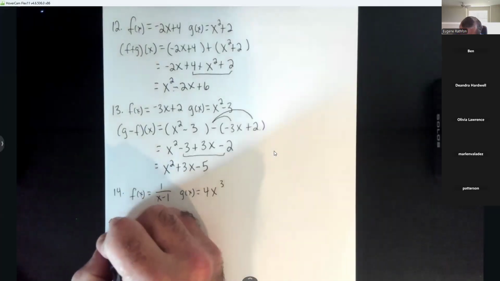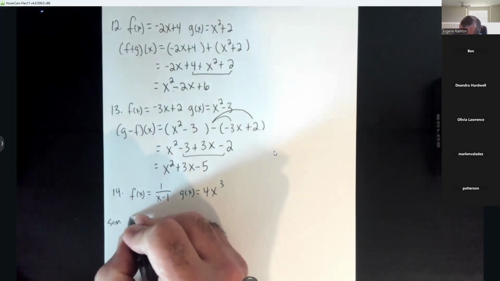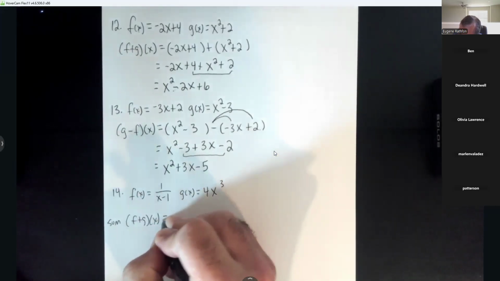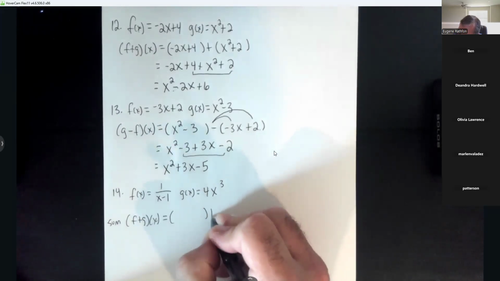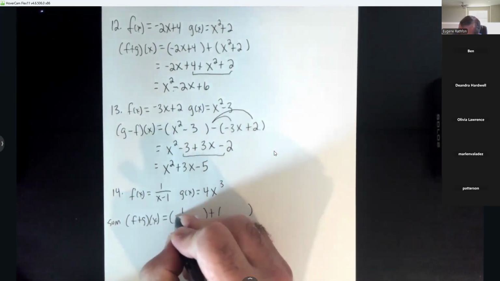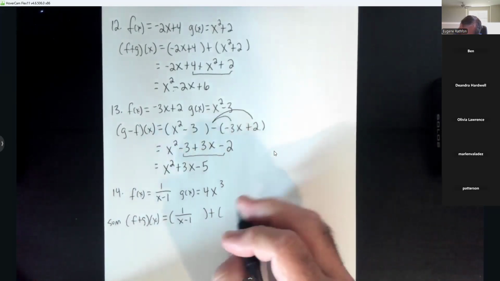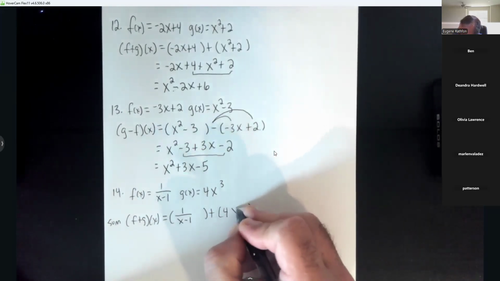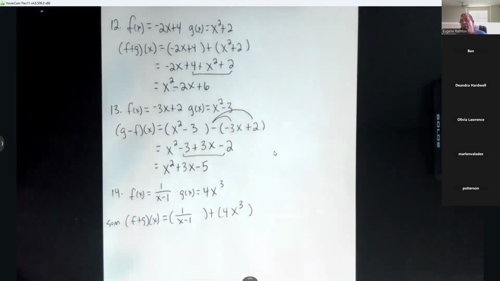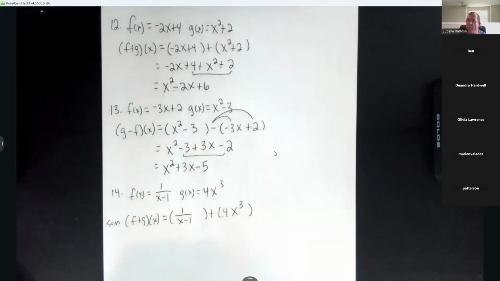So like I said, if you do the sum, that's going to be f plus g of x. So that's going to equal your f plus your g. So f was 1 over x minus 1. G was 4x to the cube. So y'all, let me ask y'all this. Are there any numbers that we would have to exclude from this domain?